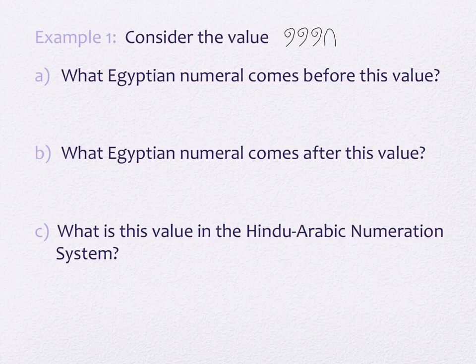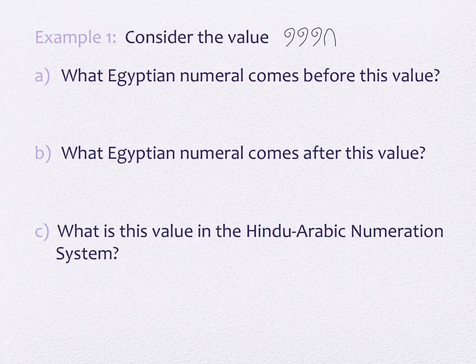So the scrolls are worth how much? 100, and the heel bone's worth 10. And you notice that they're in order, right? The scrolls being worth more come before the heel bones that are worth less. So if you want to imagine doing this, you would take these values and remove one from it, but I don't have a vertical staff that I can just remove.